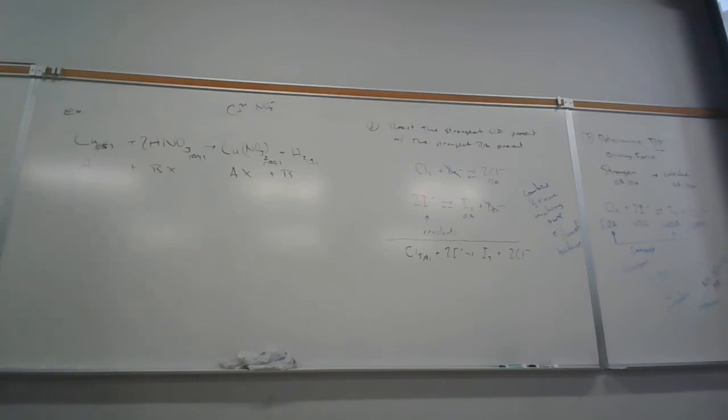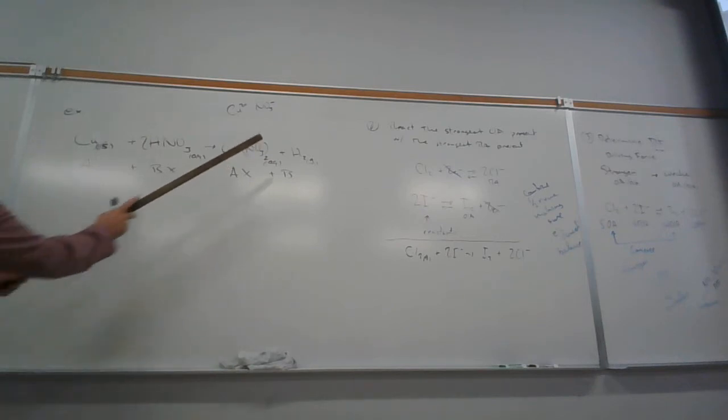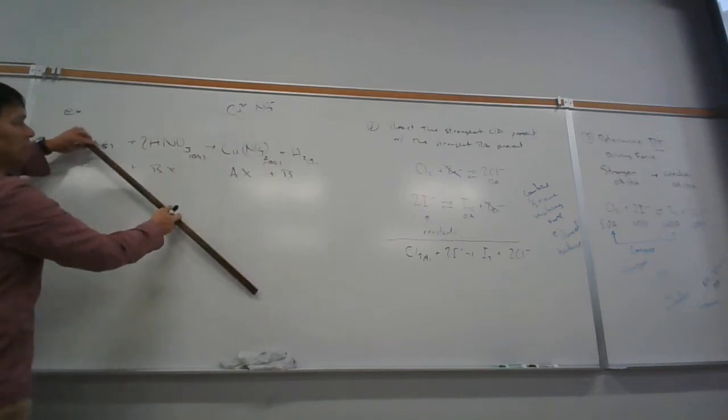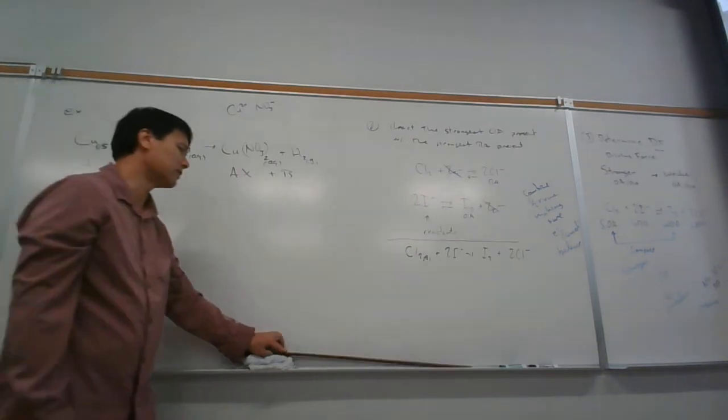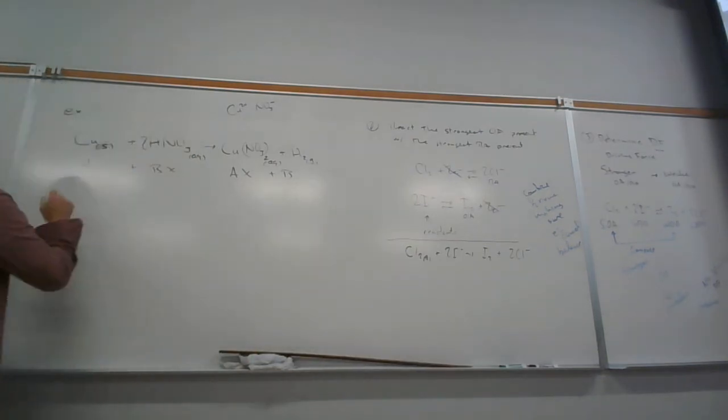Now, are we going uphill or are we going downhill? Okay, so this is what we need to determine. Are we going uphill or are we going downhill? And so in single replacement, we use the activity series to determine that. And the activity series compares the two elements.